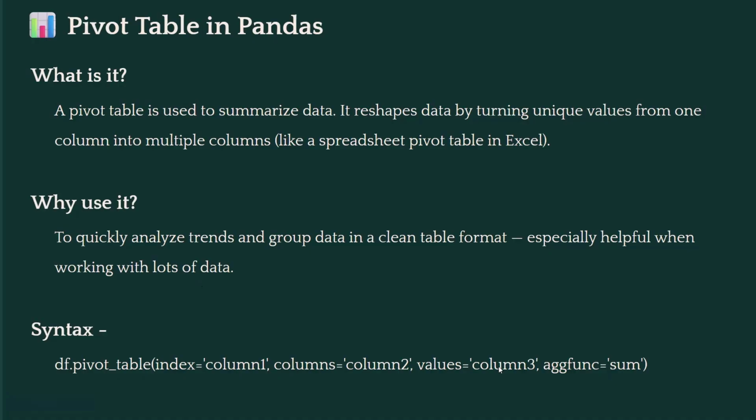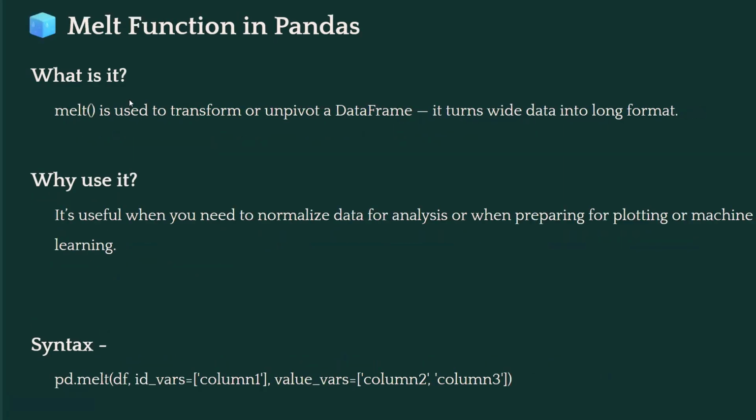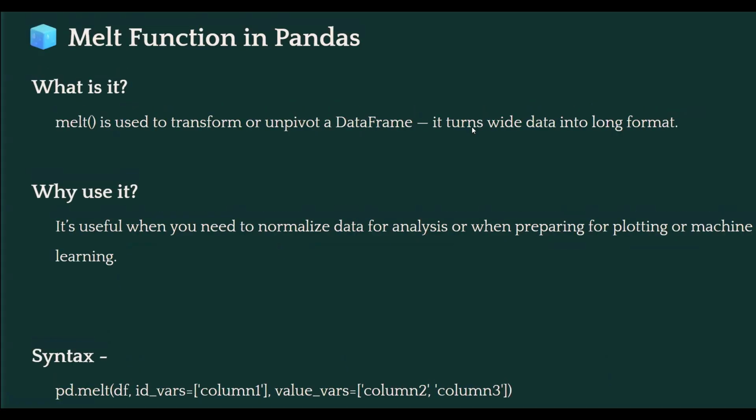So if we are creating three columns, the first one will go for index, the second as the column name, and the third for the values. And we add a function, like sum here, the sum of the values. So this is the syntax. When we do it practically, you'll get an idea. Now, what about the melt function? The melt function is basically used to unpivot a data frame. It turns a wide data frame into long format.